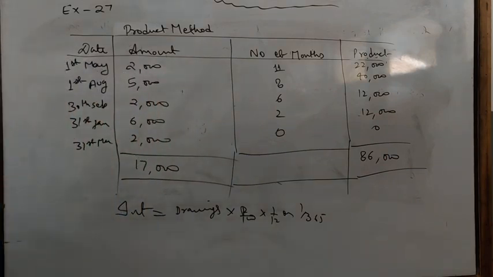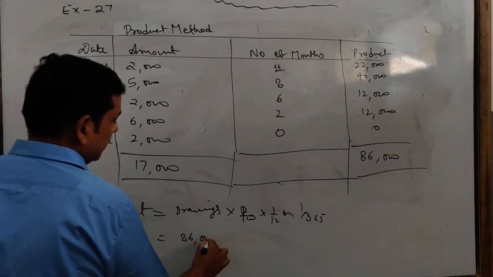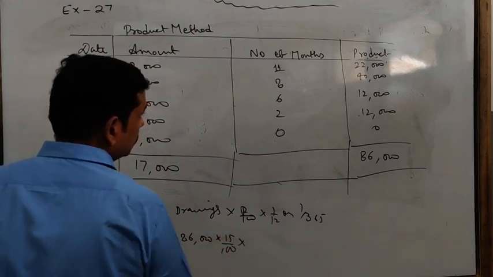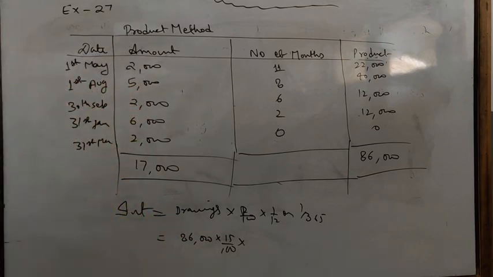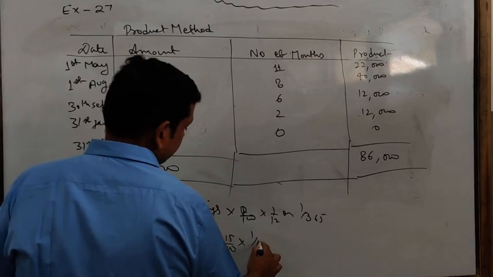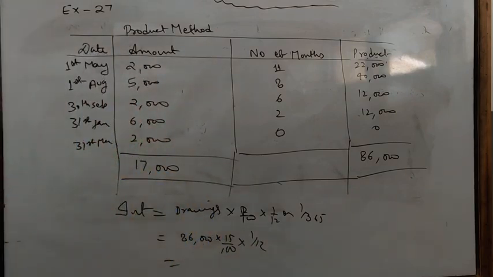Clear? Now see again how to find out the amount of interest. So drawings equals to 86,000. ROI is 15% into, what will you do here? 1 by 12 only. So in this way you can do the calculation.